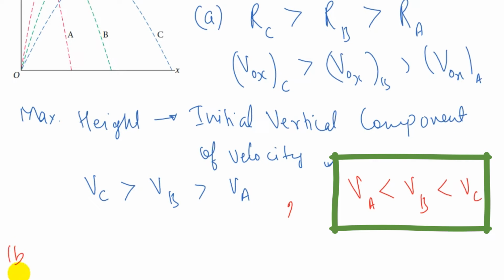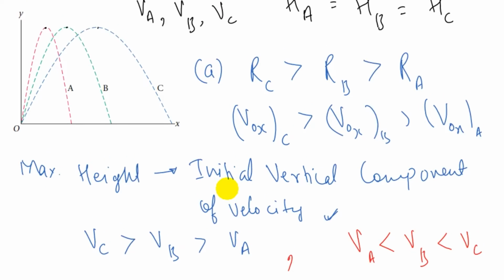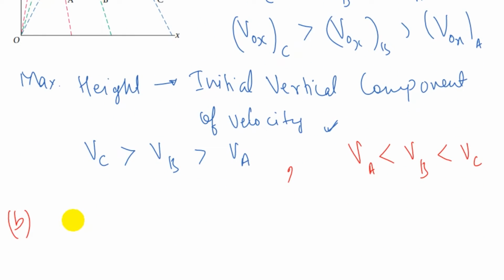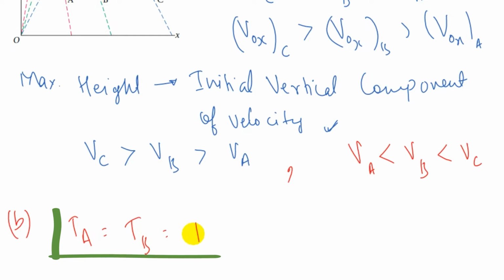Now next, in the B part, we have to rank in increasing order of their time of flight. Now the time of flight is longest for the projectile that has the highest vertical component of the initial velocity, and in this case they have the same maximum height, therefore the same initial vertical speed. Thus we can say that the time of flight TA equals TB equals TC.